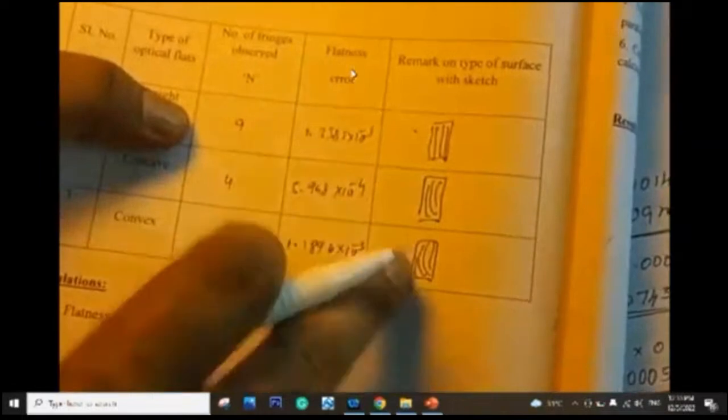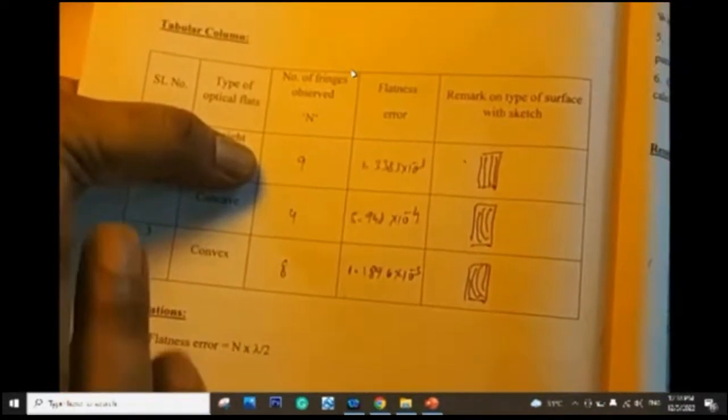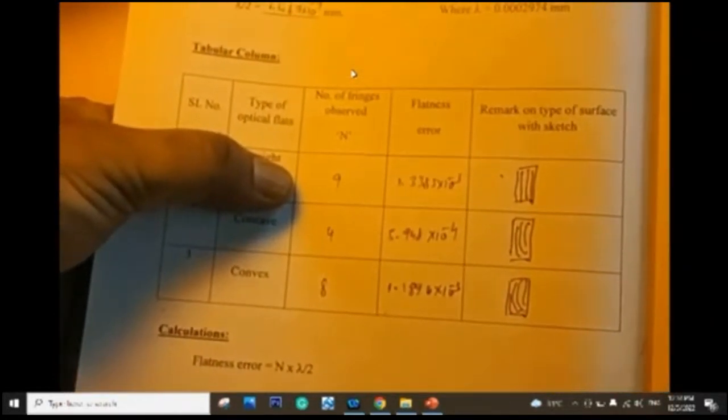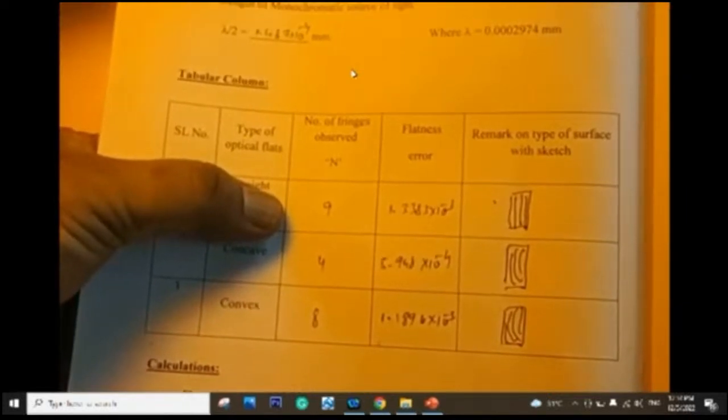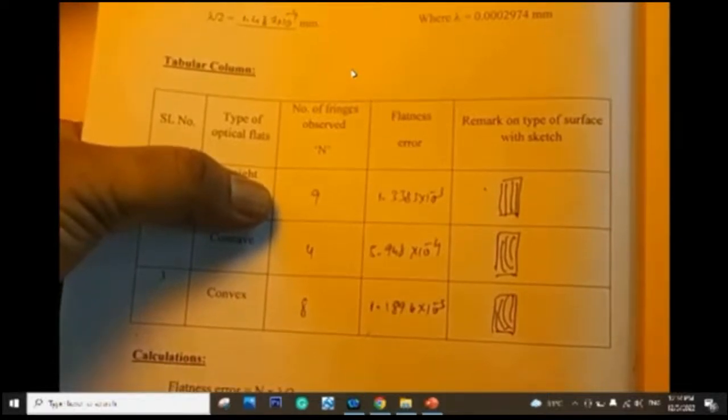So this is a very simple way of getting the flatness error of different surfaces by using optical flats in conjunction with some good quality surfaces. Here we have taken slip gauges. Okay, thank you all.